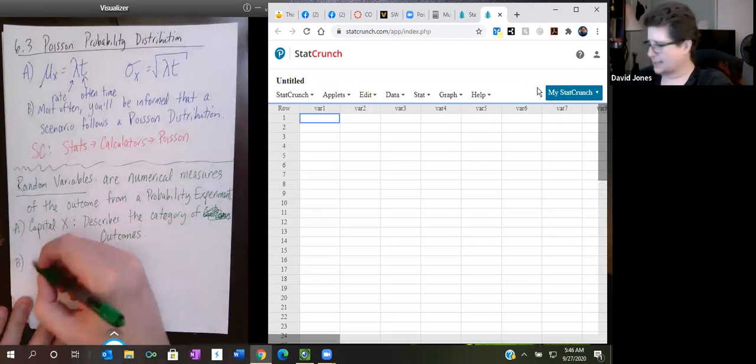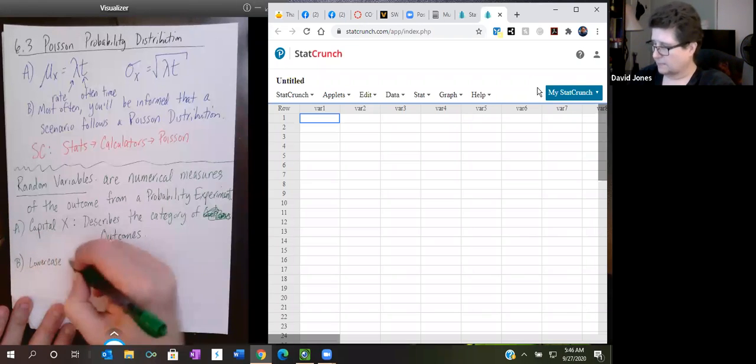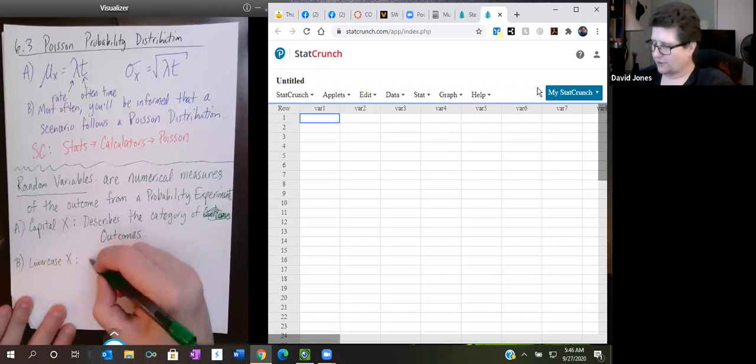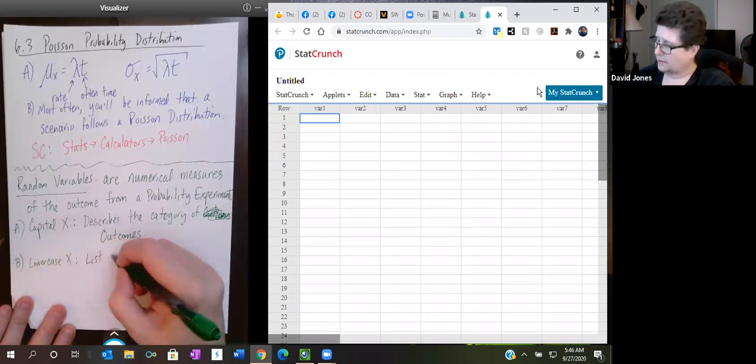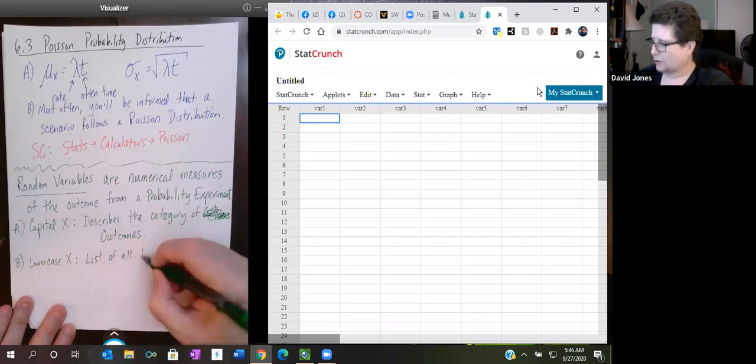And lowercase x is a list of all the possible numerical outcomes.